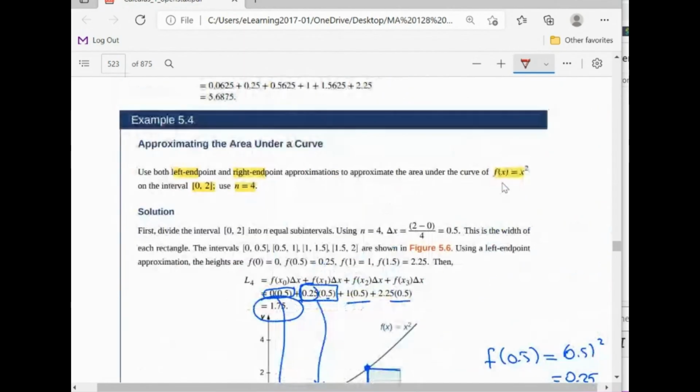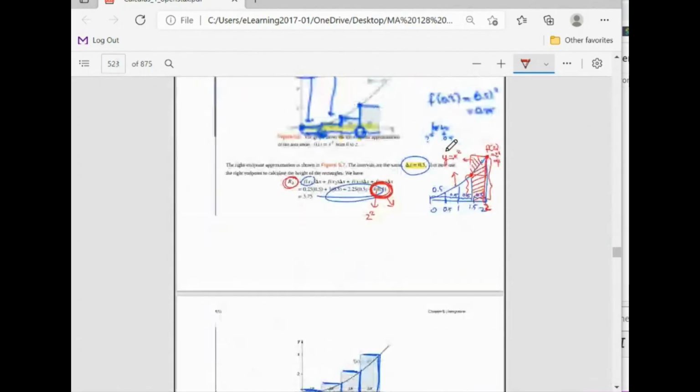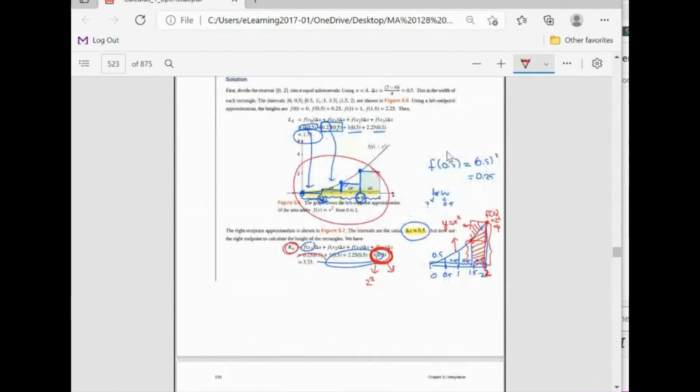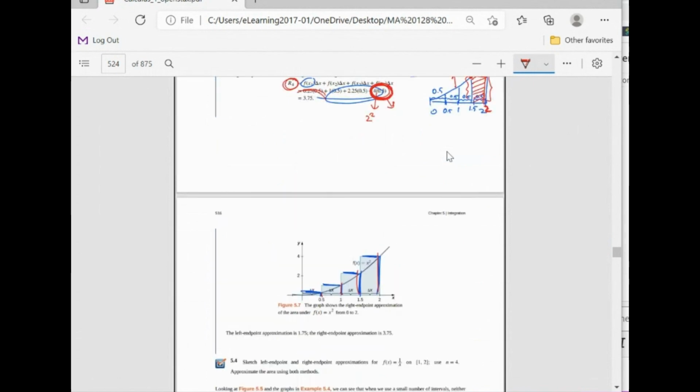Okay, so here you see that using the left endpoints gave us a smaller approximate area, 1.75. Using the right endpoints gave us a larger area. So one of them underestimates, one of them overestimates.